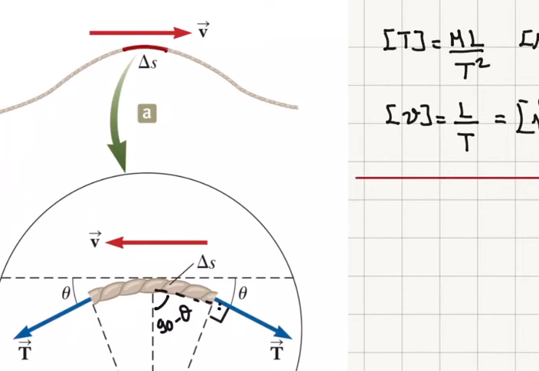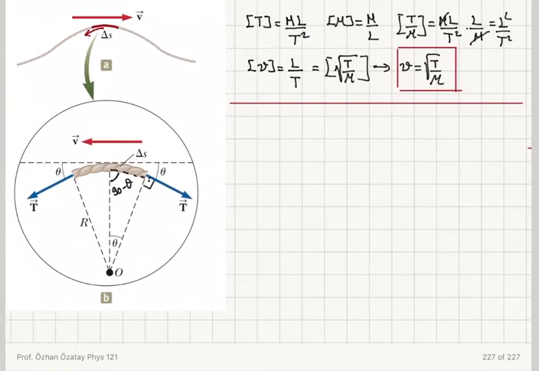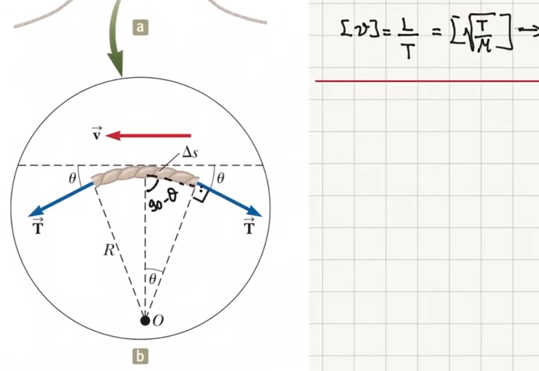Because the string element has to be moving down, so it will be basically performing part of a circular motion, moving down, so that the wave will propagate to the right. So in this reference frame, the wave is propagating to the left. The velocity vector is to the left.